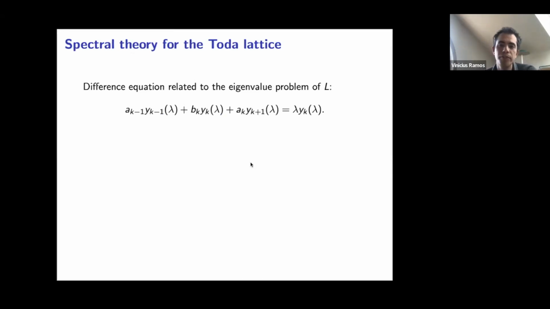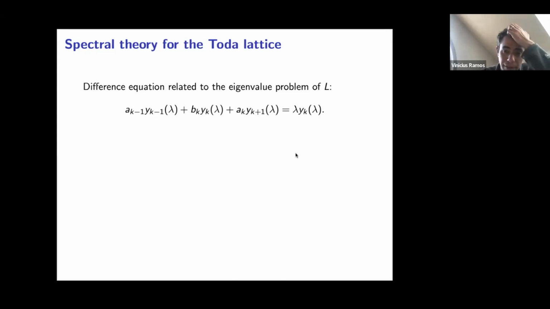One thing to know is that if you look at the eigenvalue problem of that matrix L, that tridiagonal matrix with the extra terms, this gives rise to this difference equation. And in fact, you have an eigenvalue for L if and only if this equation has a non-zero solution y, which is periodic.